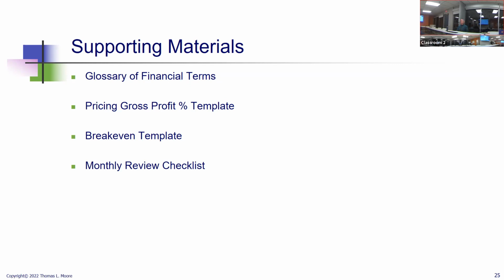And I would encourage you to look at that monthly review checklist every month, because it gives you a reminder of things that you should be evaluating on a monthly basis with your bookkeeper, if you have one, or with your CPA, or if you're doing it all yourself, things that you should be looking for as a checklist item. This will be really helpful to you and give you insight into how your business is doing. And if you don't have a habit of doing it, this checklist is a good way to refresh your memory.